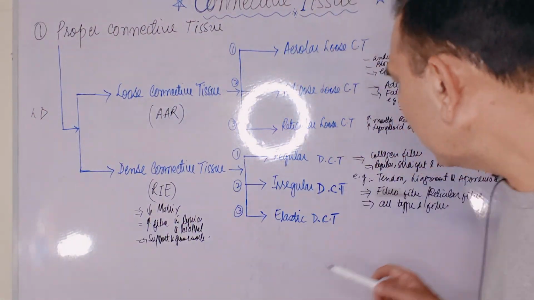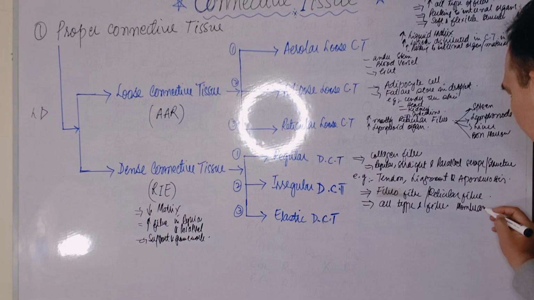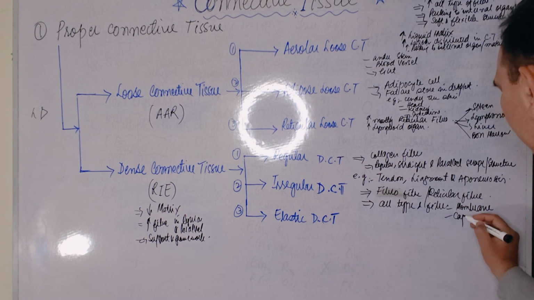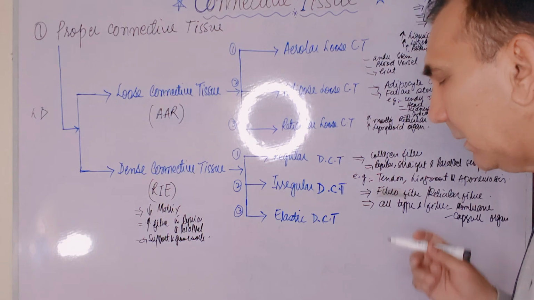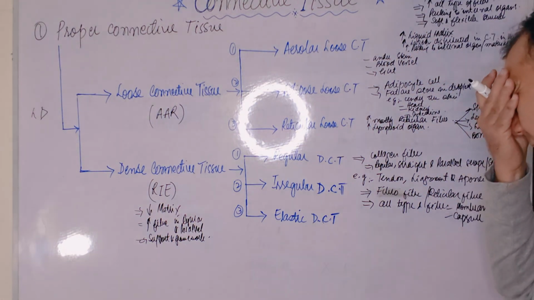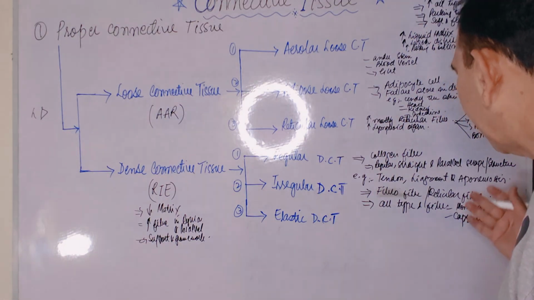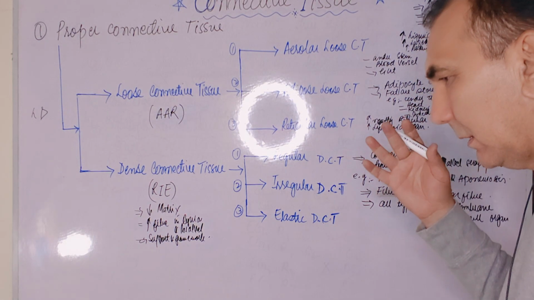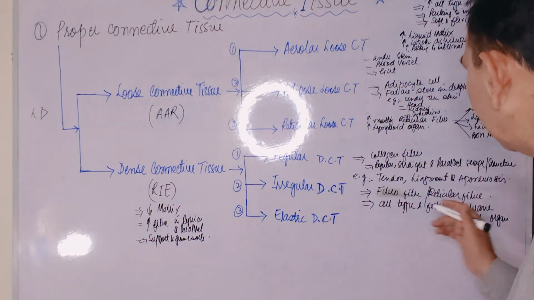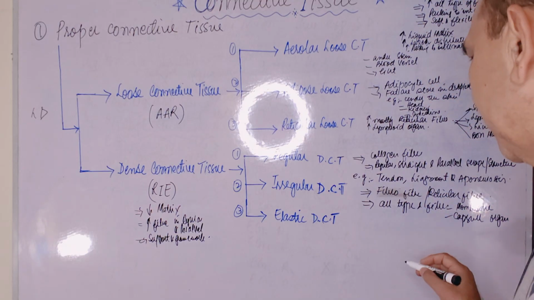So mostly the membranes and capsules outside the organs, like the epicardium capsule, or membranes like the pleural membrane and the endocardium membrane, are all made up of irregular dense connective tissues.